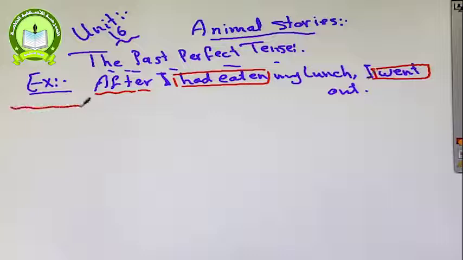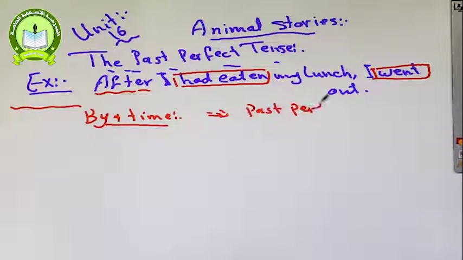Let's move to another point. If you have by plus a time in the past, you should put the tense in the past perfect without connectors.